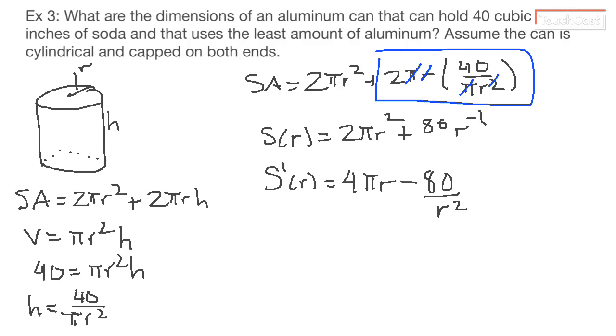If we want to find a way to minimize the amount of aluminum, now remember the aluminum would be like the surface area of the can, we can set this derivative equal to 0 and solve for r.